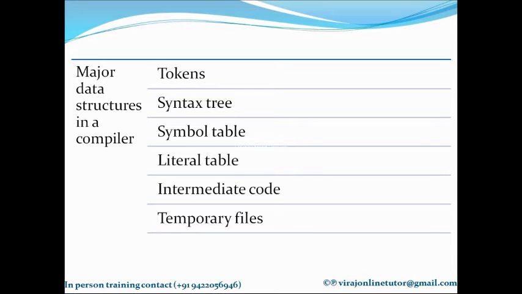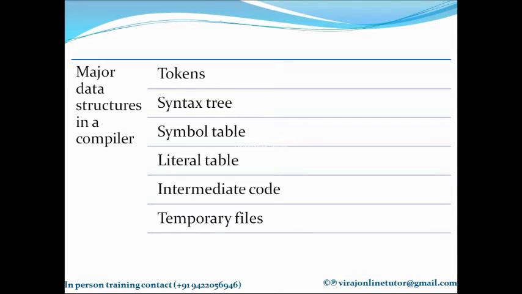Intermediate code can be kept as an array of text strings. So here we are discussing what are the underlying data structures which are used for these different concepts in compilers.